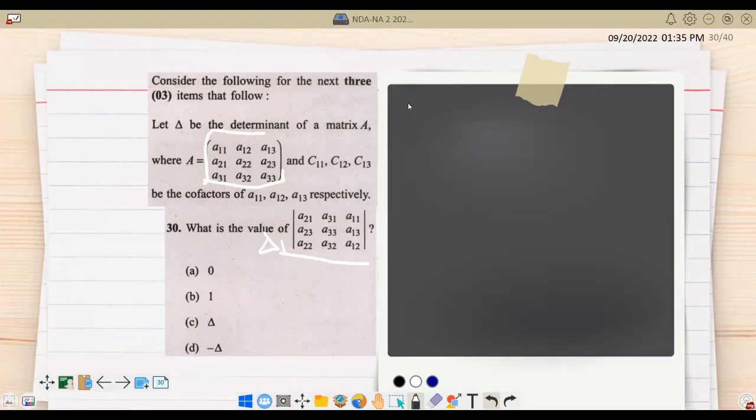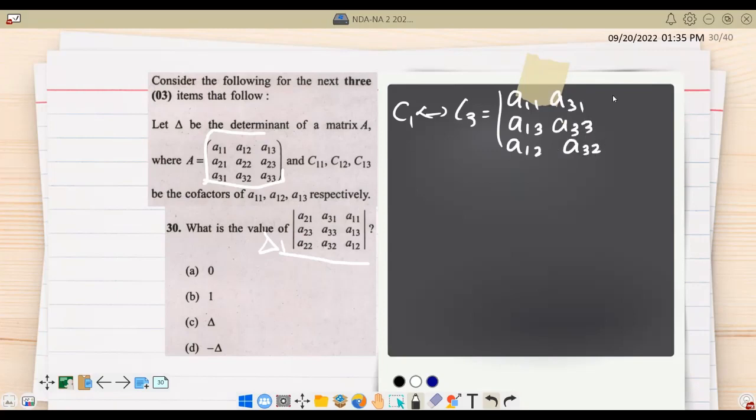Now I'll interchange column 1 with column 3. After the interchange, they will become A13, A12, A11 in the first row, A33, A32, A31 and A23, A22, A21.